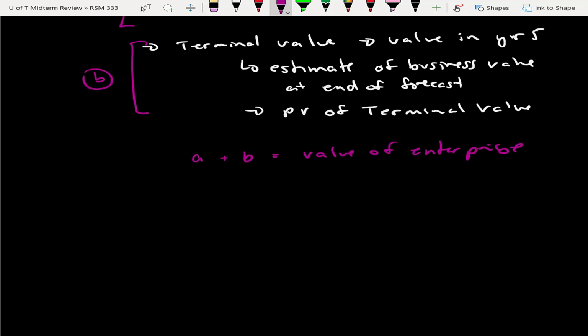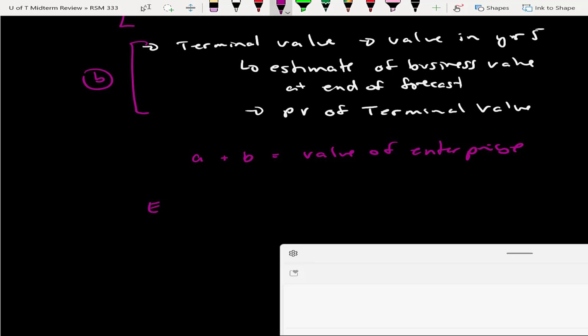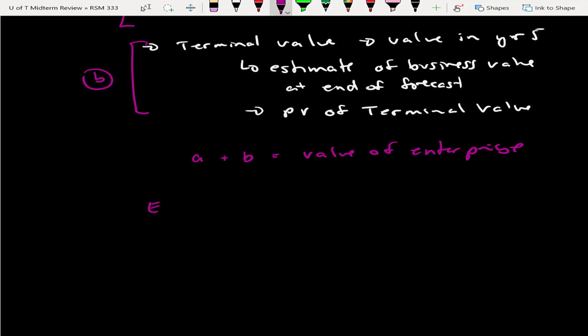Okay, so let me write it out in full. So the enterprise value, which I'll just call EV, is equal to the present value of the free cash flow forecast plus present value of the terminal value.